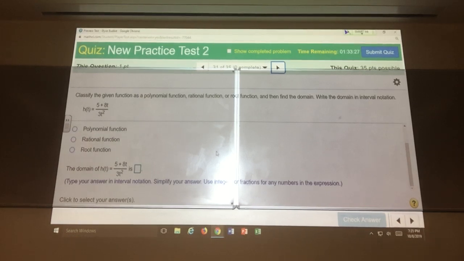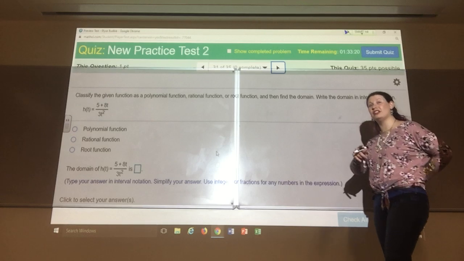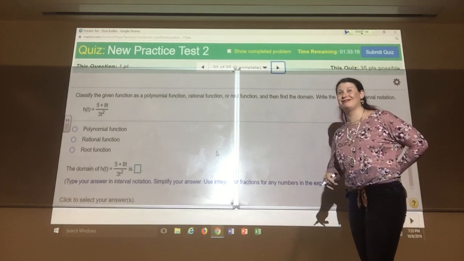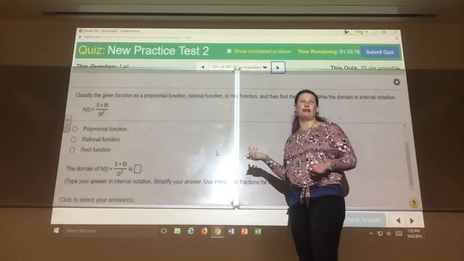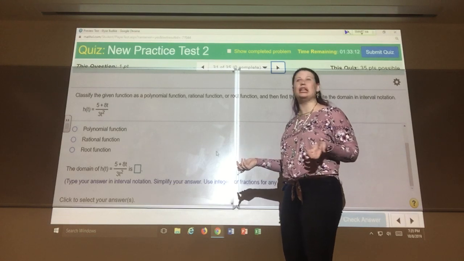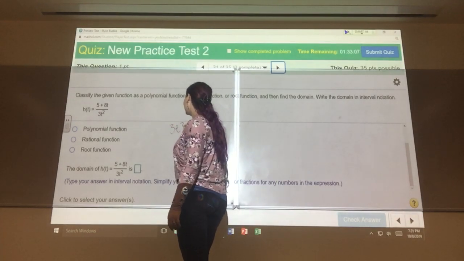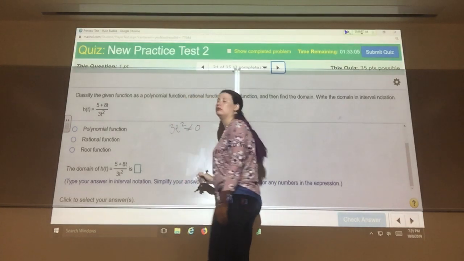And then how do we figure out the domain? So 3t squared greater than 0. Not greater than, that's root. What's bad about a fraction? The bottom can't be equal to 0, right? So 3t squared can't equal 0.